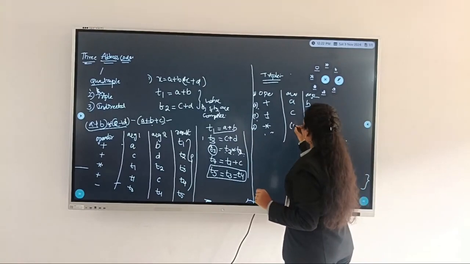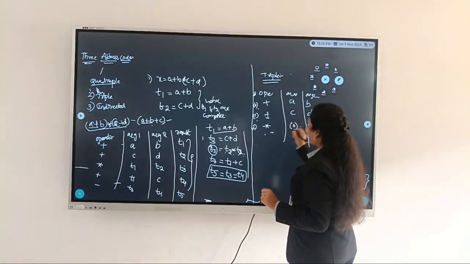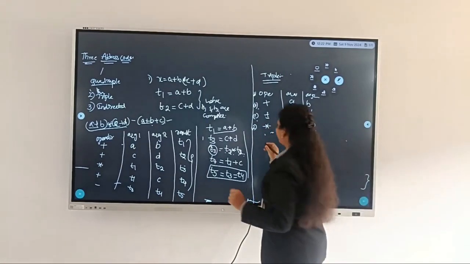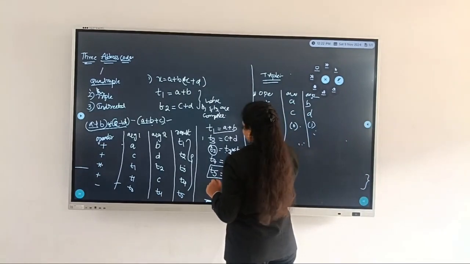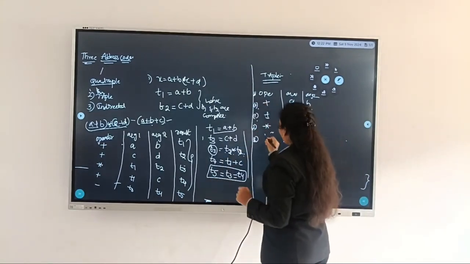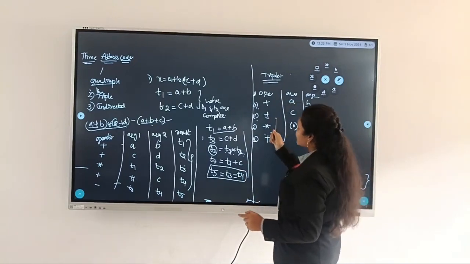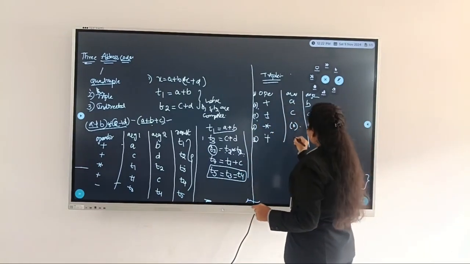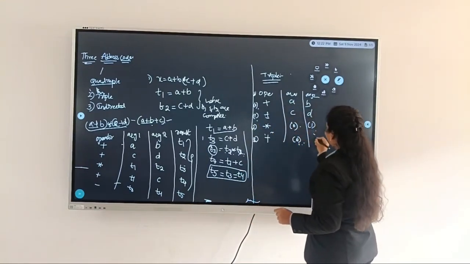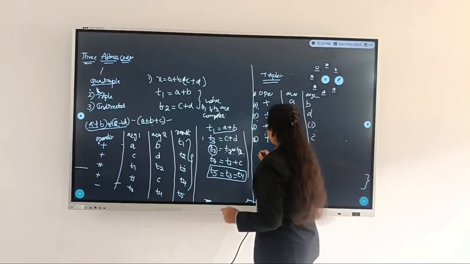Here we have to write the addresses of the table. Then coming to the third one, the operation will be plus, and T1 plus C, where T1 is stored in address 0 and we have to add C. Coming to T5, it will be stored in address 4.